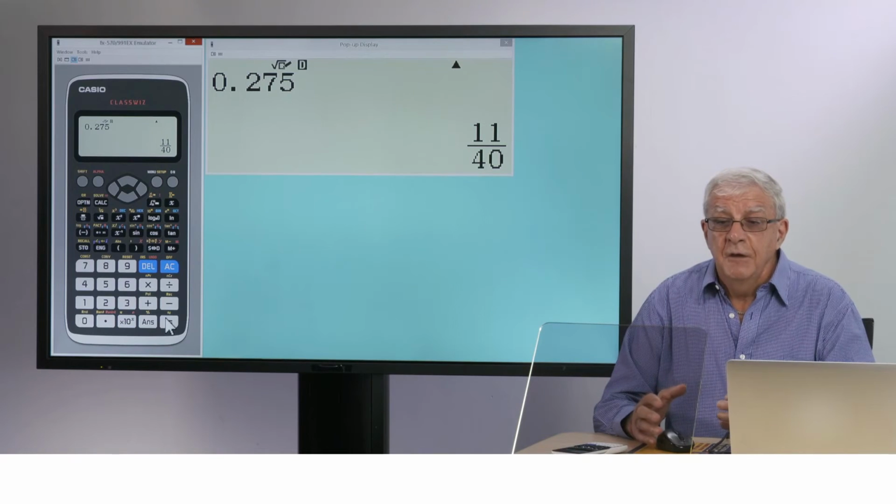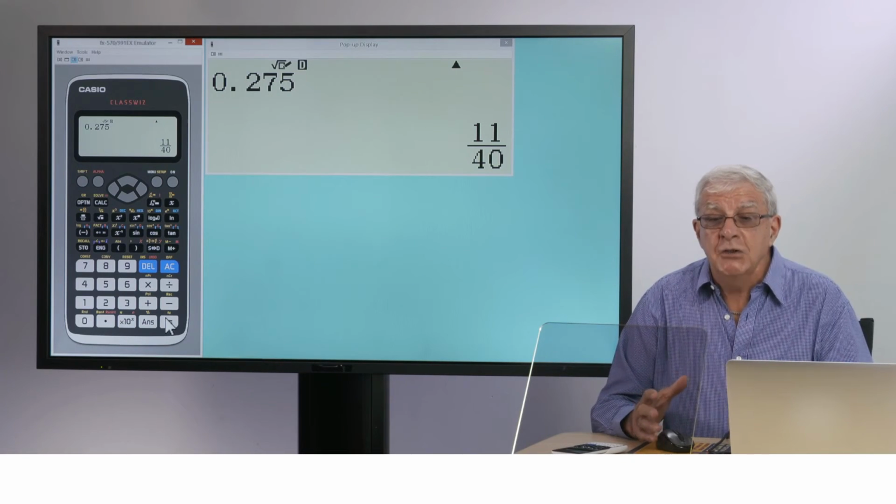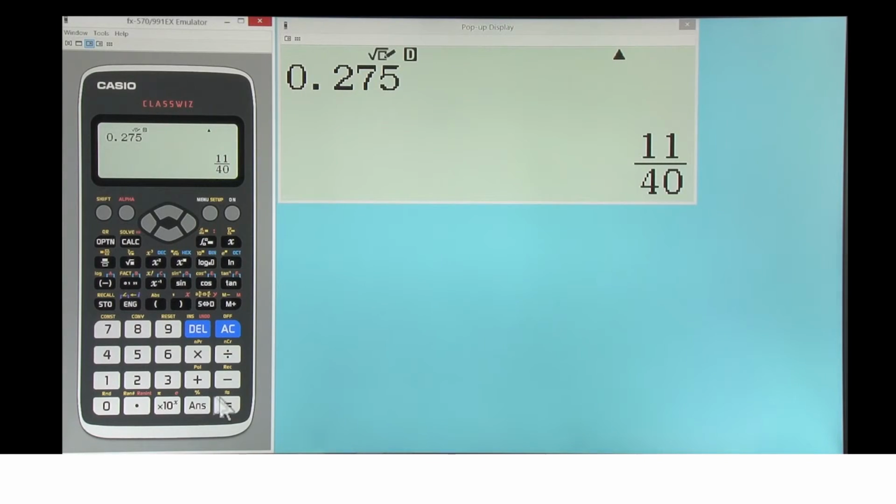Unless the fractions require numbers that are too large to show. So in this case, for example, a large number of decimal places, 2, 3, 4, 5, 7, we turn it into a fraction with the S to D key and nothing happens. Only the original decimal is shown.